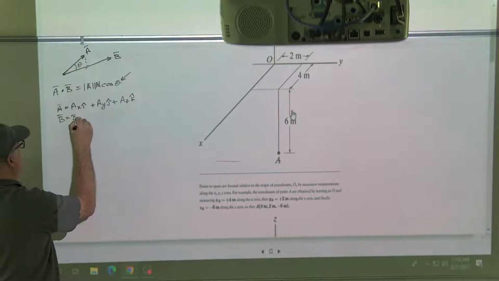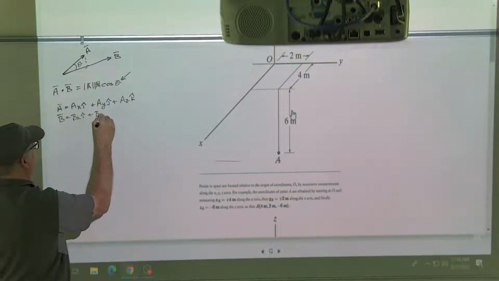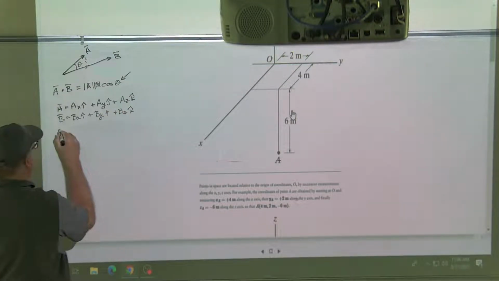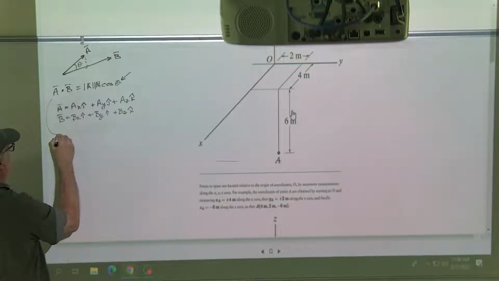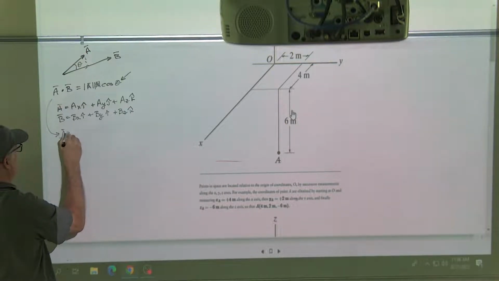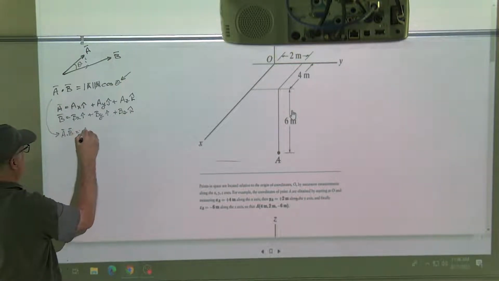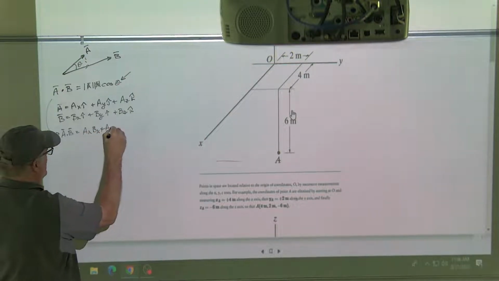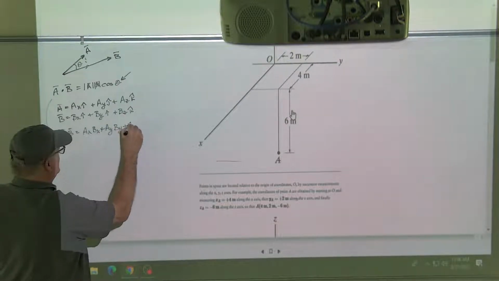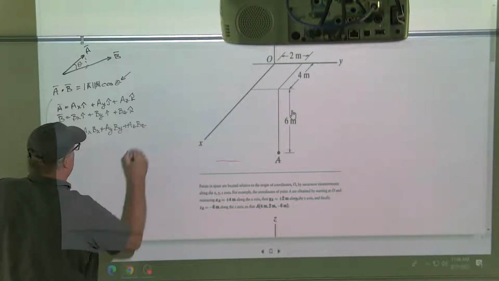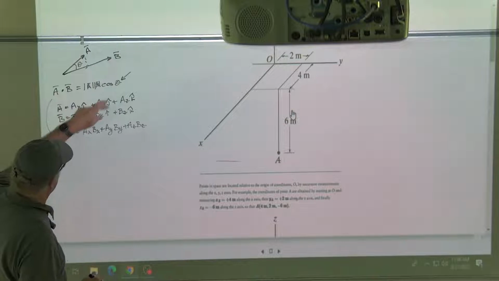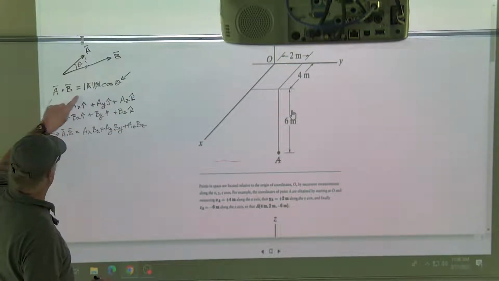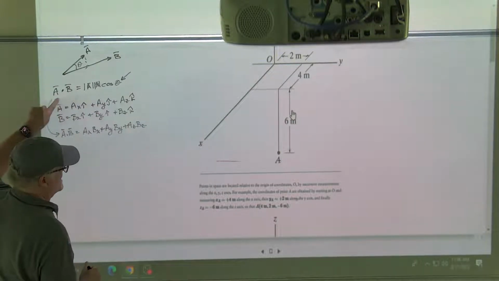We found out that A dot B is nothing more than AX times BX plus AY BY plus AZ BZ. From that, we can multiply these and figure out the length of A and B, and a lot of other stuff.